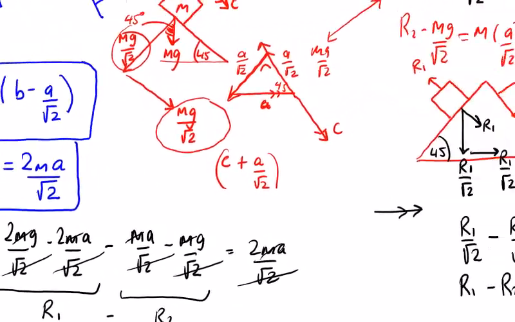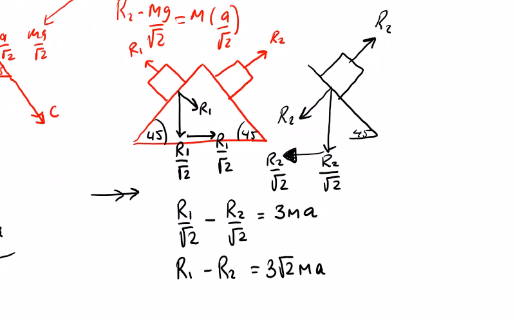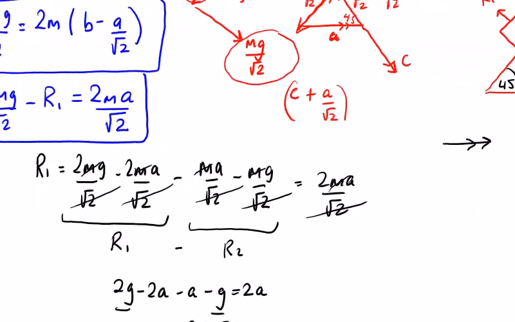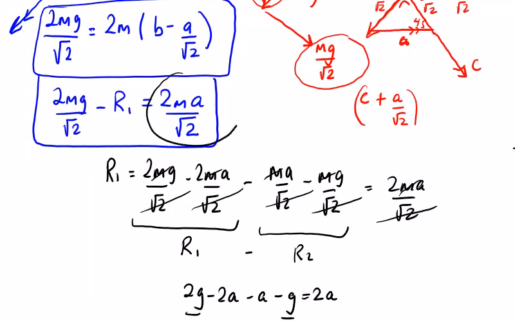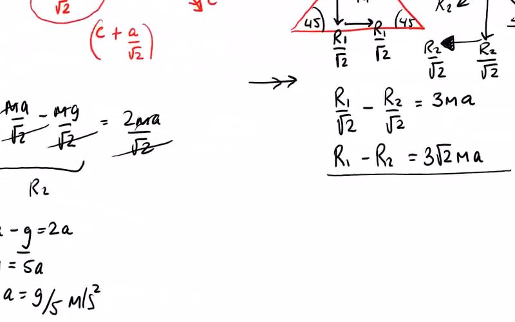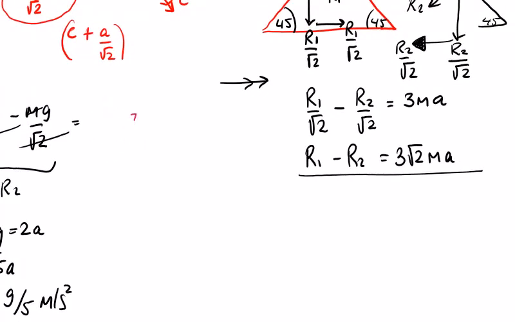And just let me check. I had R1 minus R2 here was equal to 3 root 2 ma. So I just used the wrong part. I was looking at the end of this equation. So that 2ma over root 2 should be replaced by 3 root 2 ma.